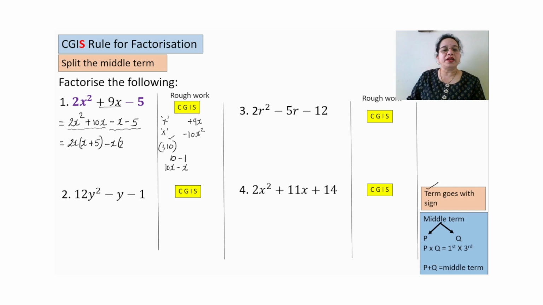What is left inside the bracket? Since we have taken the minus sign outside the bracket, inside the bracket your sign will get changed. Now x plus 5 is common, so what is left? 2x minus, it should not be x, it should be 1, because we have taken the minus sign common. So this is the answer.